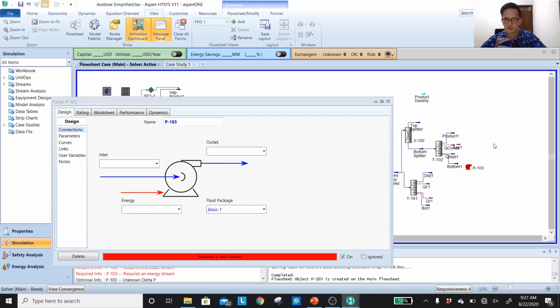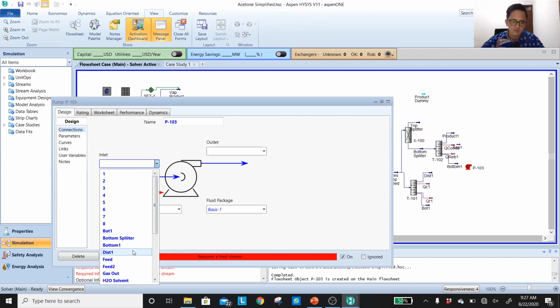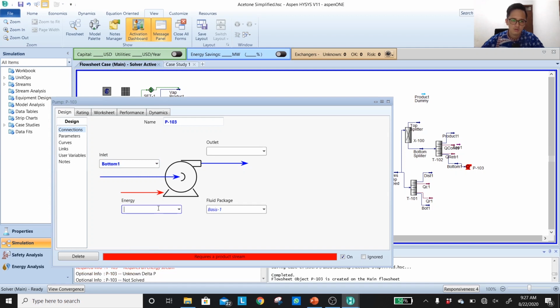Okay, so what's the name for the bottom one? Work of my third pump. It is the pressurized separator 2 feed.